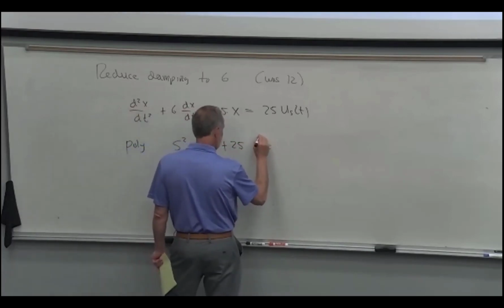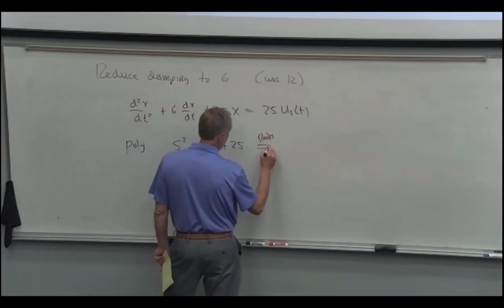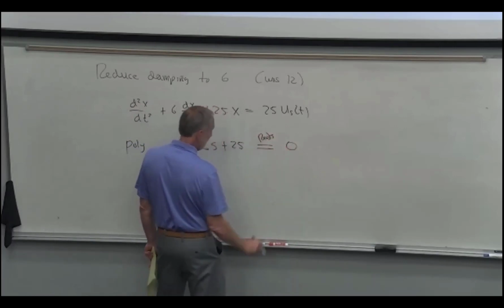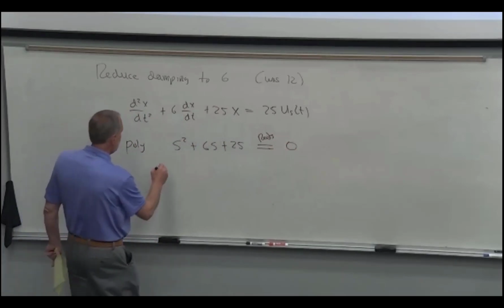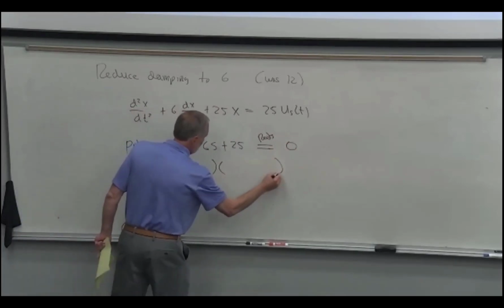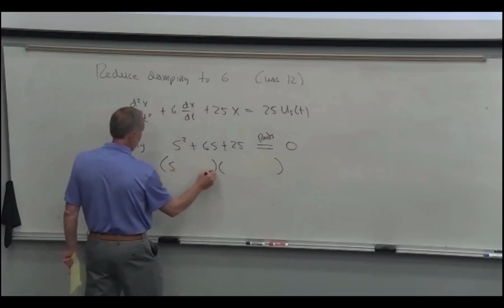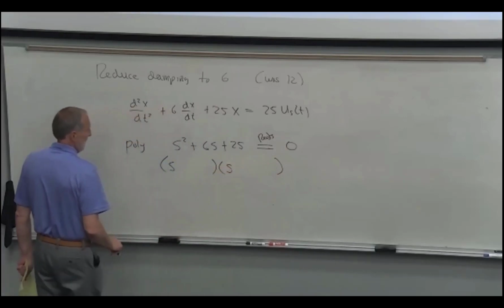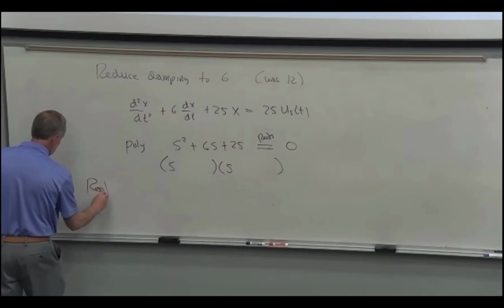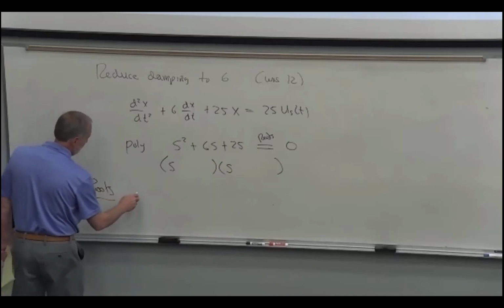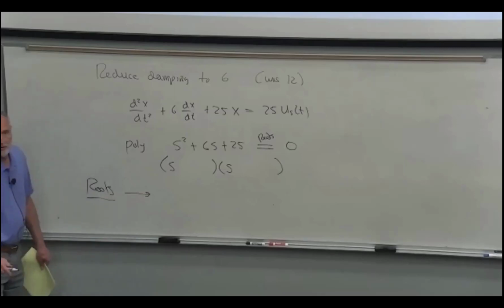To find the roots that we'd use in a partial fraction expansion, we set that to 0 because we're just going to factor it. We're going to factor it into something times something, right? And so you guys find the roots. I'm going to make you work today. You have a calculator. You can probably do it in 13 seconds.